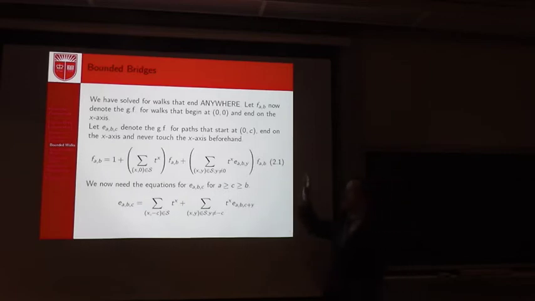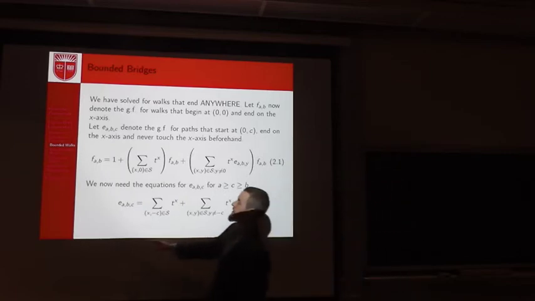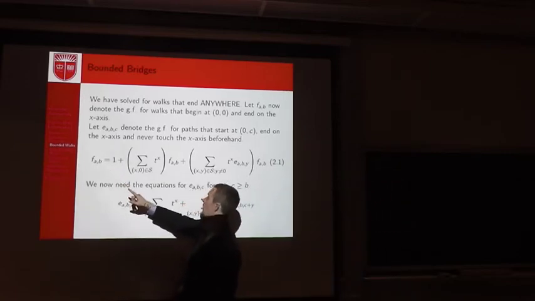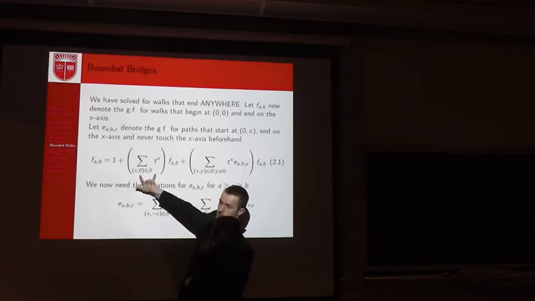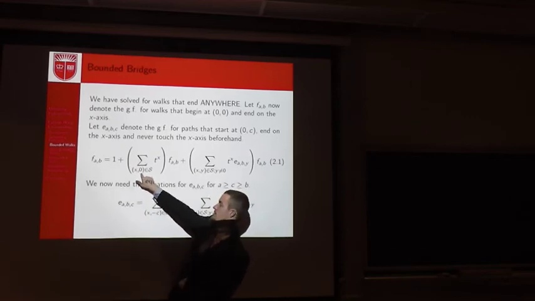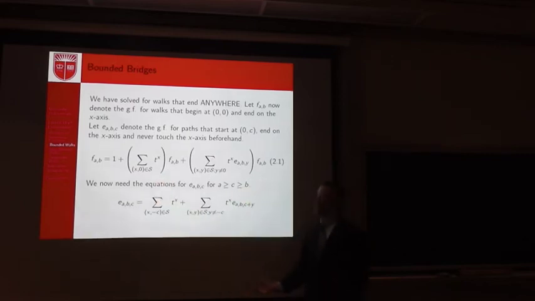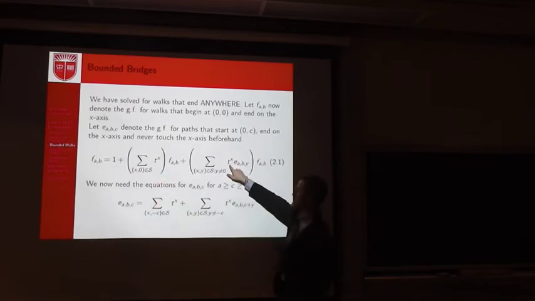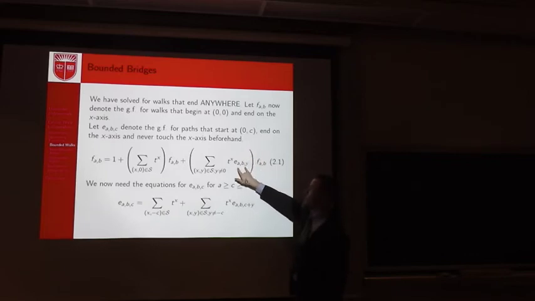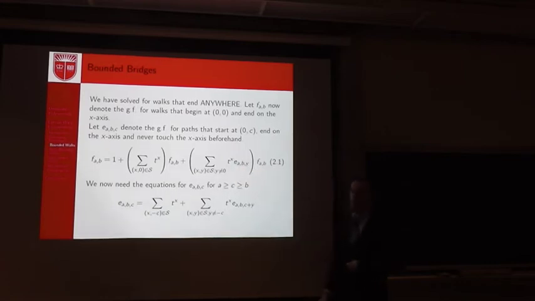So in this case, the walk that we are interested in either is stationary, or it takes a step directly to the right, (x, 0), and then continues as a new walk, or it takes a step up to some other point. It must come back to the x-axis at some point by our definition of being a bounded bridge, and then it continues as a new walk.